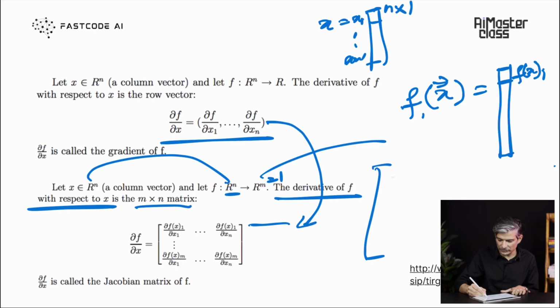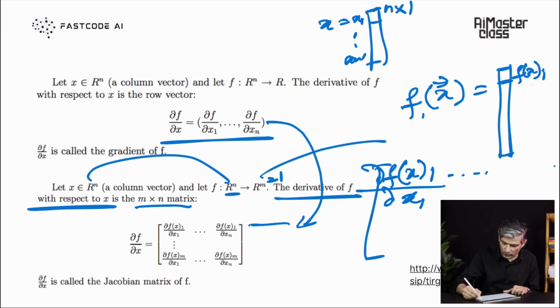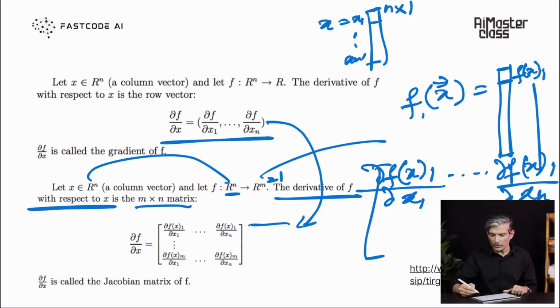So what will this Jacobian matrix look like? The first element of this Jacobian matrix would be the partial derivative of Fx1 with respect to X1. So the columns will all be with respect to this, right? So it will still be dou Fx1 over dou, but with the last component of my input. So what does it mean?